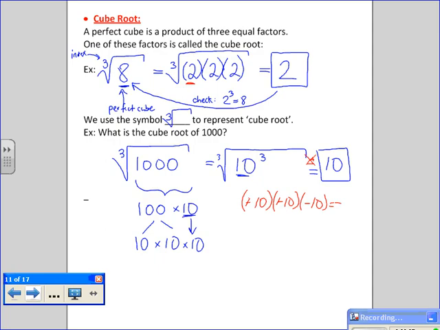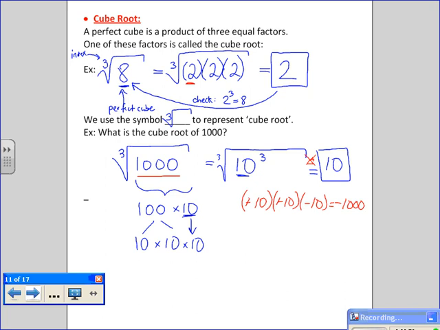Negative 1,000 was not the number that I had inside my root symbol. So when we're doing cube roots, our answers are just going to come out positive, unless the number inside is a negative. So we're not putting the plus or minus sign in front of the answer to a cube root.